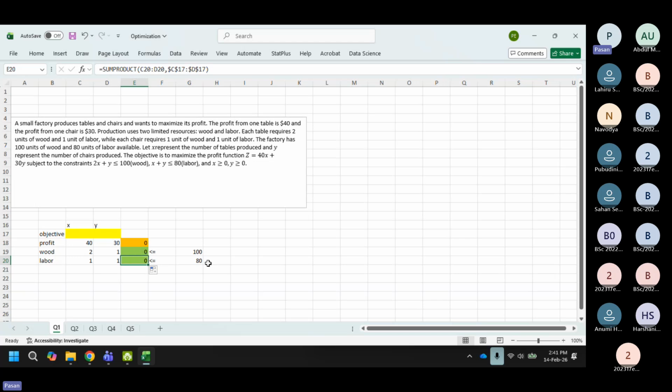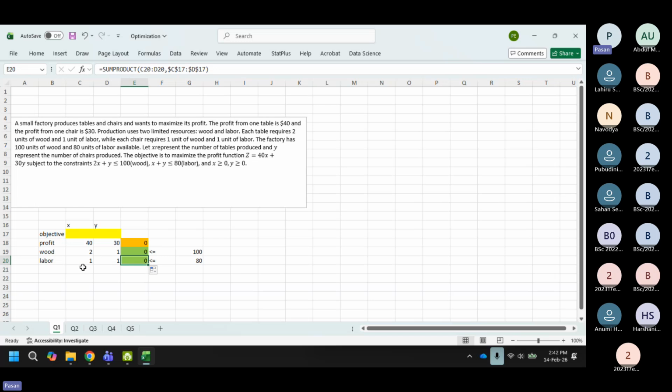And this value has to be less than or equal to 100, and this has to be less than or equal to 100, right? So now I know that the solution is 20 and 60. So 20 times this one is 40, and this is 60, so 40 plus 60 is 100.